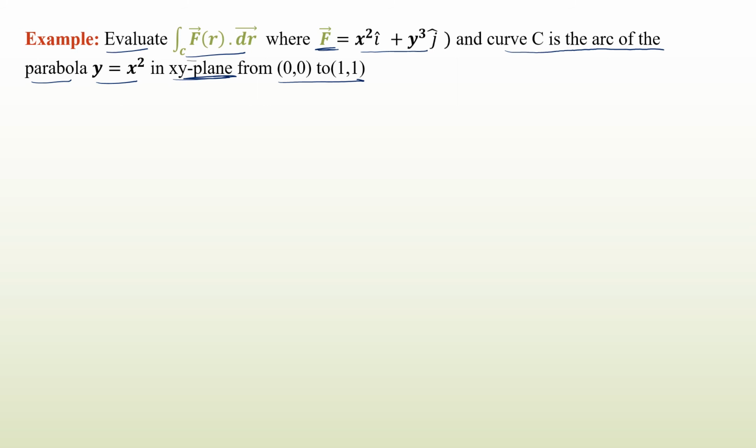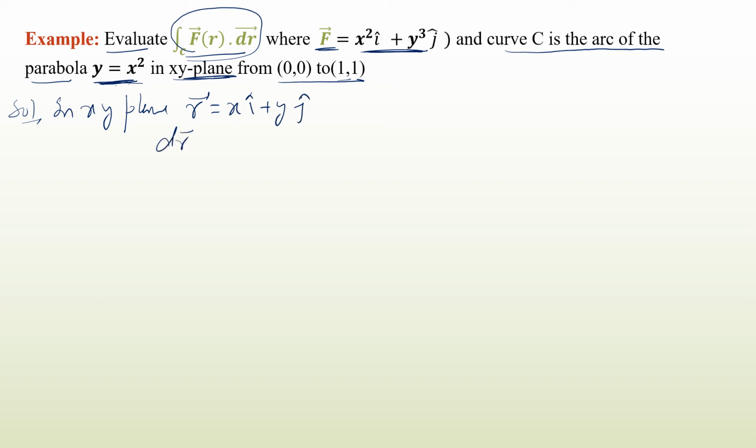Meaning we have to evaluate that integral along that parabola between those points. Here the vector is defined in the xy plane, so the position vector we write as x i plus y j. So dr is what?